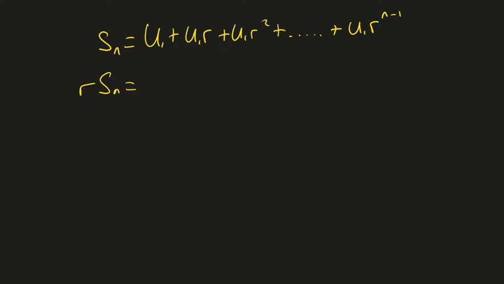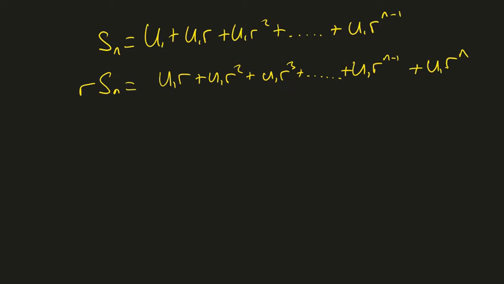So if we multiply every term here by r, we're going to have u1r plus u1r squared plus u1r cubed, and so on and so on. The penultimate term would be u1r to the n minus 1. And that last term, if we multiply by r again, we'll have u1r to the n.